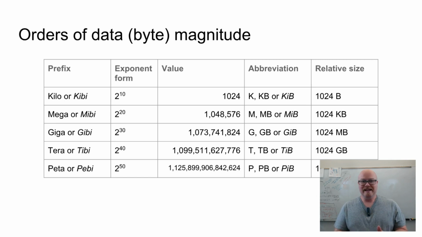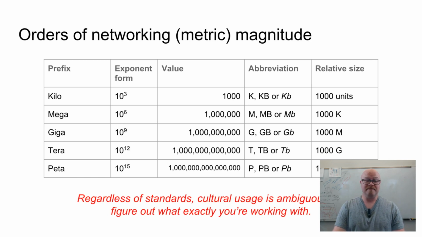But there is a competing set of prefixes with effectively the same names, and these are metric, right? And these metric prefixes are very common in networking. So we'll talk potentially also about kilobytes of data transferred, or gigabytes of data transferred, or megabits of data transferred. And when we are in the networking world, almost always we are now outside of powers of 2 and talking about powers of 10 instead.